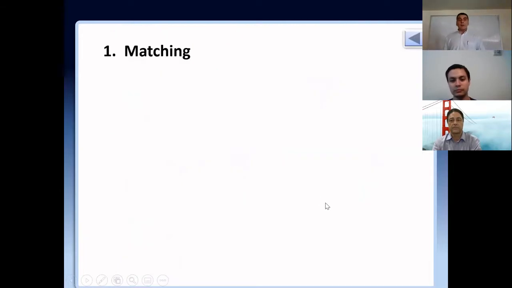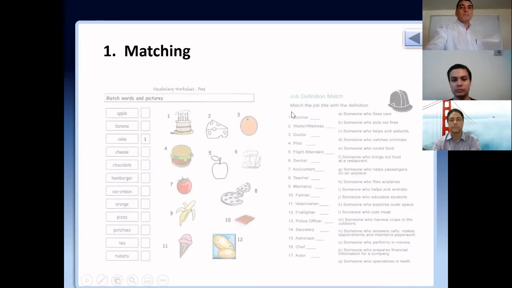Again, we can have a couple of variations here. We can have matching the vocabulary item with some text, perhaps its definition, and we can also have matching the vocabulary item, the word, with pictures.